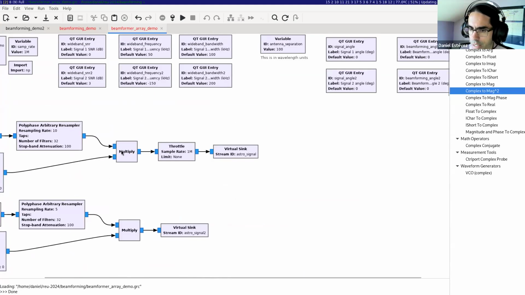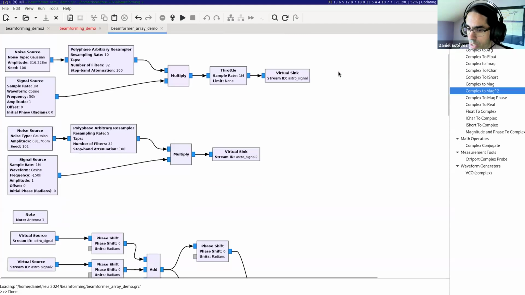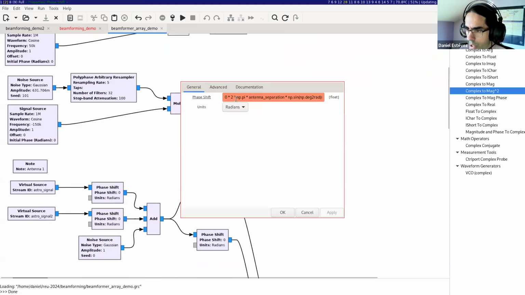The rest is the parameters of the two wideband sources, which are simulating each astrophysical signal, astronomical signal. And then something else we need to define is this antenna separation, this value D. This is in wavelength units, because here I'm doing things in radians for the phase, and I'm not taking carrier frequency into account.